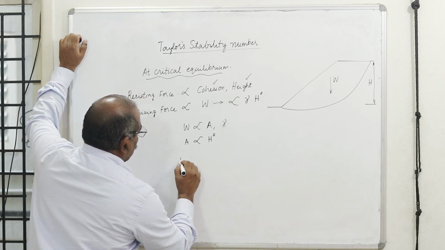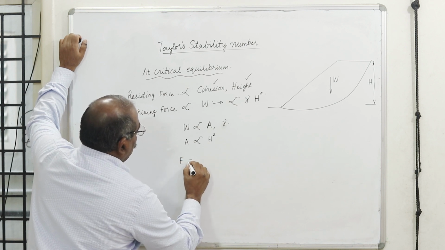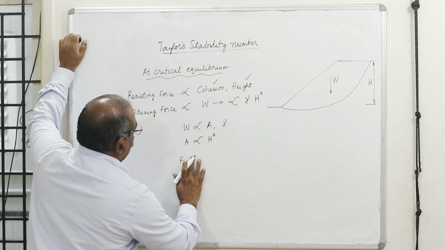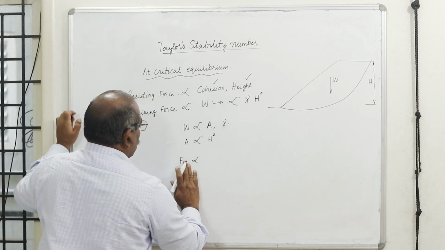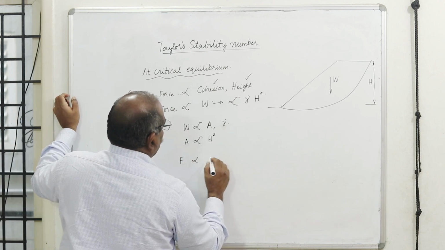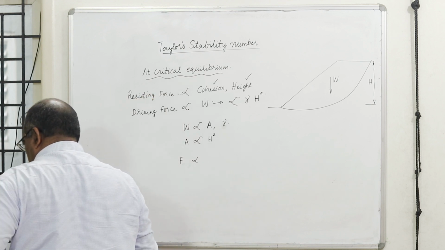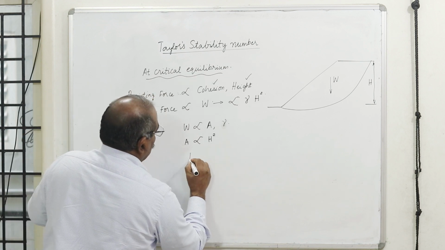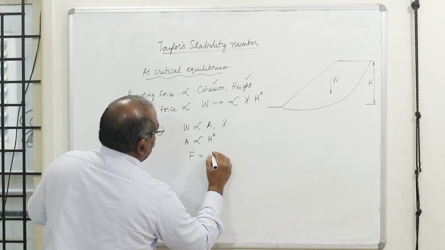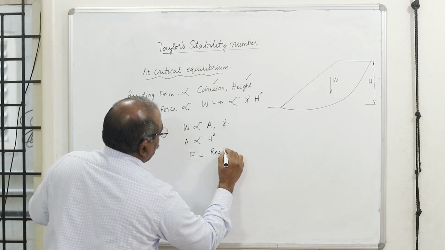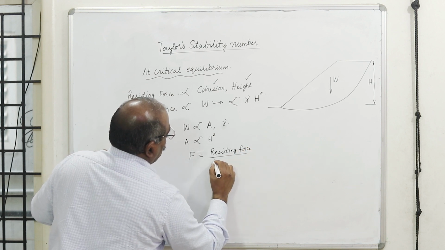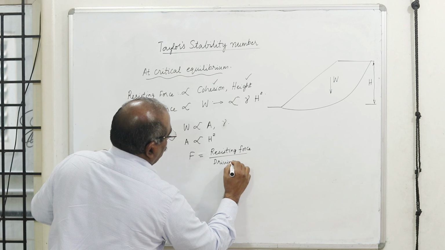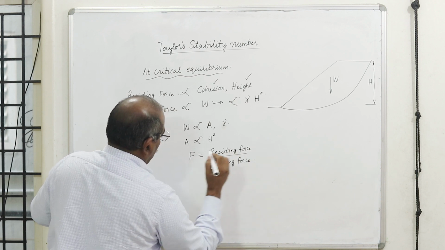Therefore, my factor of safety is proportional to, now usually how do I define factor of safety? Factor of safety is defined as the resisting force to the driving force. I think this is the fundamental definition which I have given in the first class.